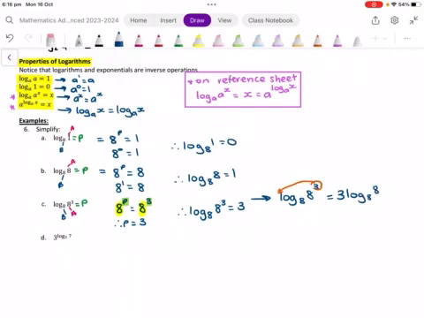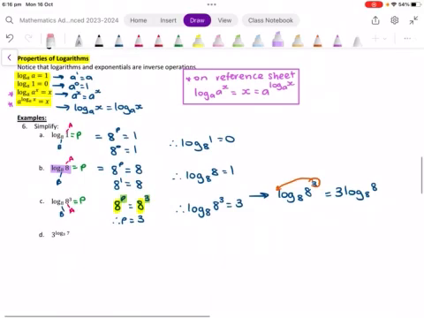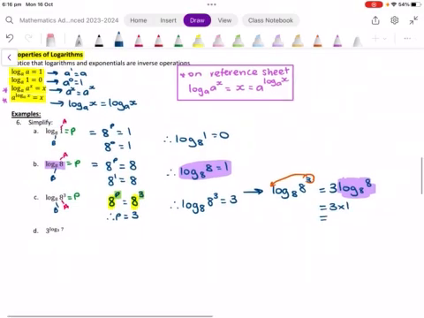Now, log base 8 of 8, we have already worked that out in this question here. We have calculated that to be 1. So whenever we have log base 8 of 8 or log base anything of itself, that just is replaced with a 1. So we're left with 3 times 1, which just equals 3. So we can also work that out that way.